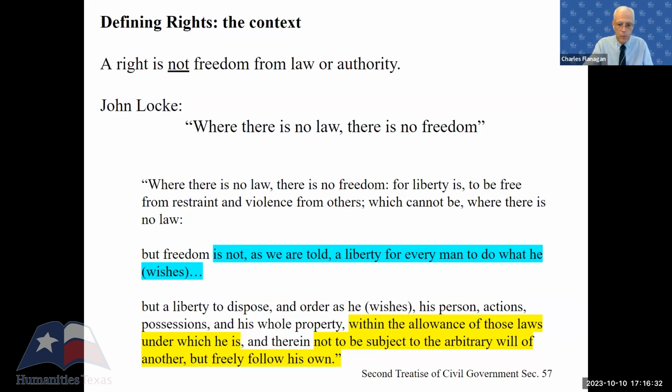And then he goes on to explain what he means by saying, where there is no law, there is no freedom. For liberty is to be free from restraint and violence from others, which cannot be where there is no law.